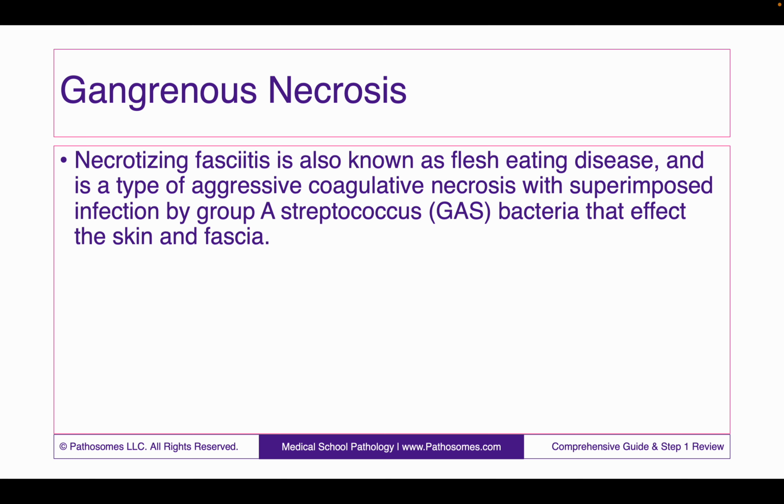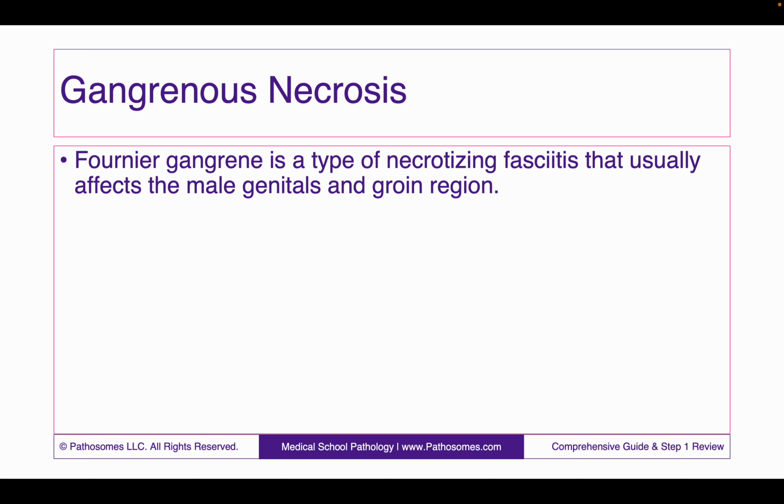Necrotizing fasciitis, aka flesh-eating disease, is a type of aggressive coagulative necrosis with superimposed infection by group A streptococcus bacteria that affect the skin and fascia. Fournier gangrene is a type of necrotizing fasciitis that usually affects the male genitals and groin area. Fournier gangrene affects the male penile area and groin region, okay?